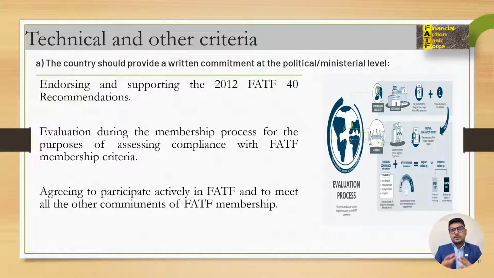Second thing, they should support these recommendations and try to implement them in their jurisdiction and combat terrorist financing and money laundering. Evaluation during the membership process is for the purpose of assessing compliance with the FATF membership criteria. They will evaluate these things.